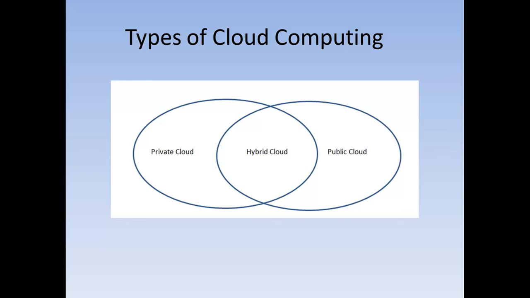What are the different types of cloud computing? The first is private cloud, the second is public cloud, and the third is hybrid cloud. What is a private cloud? Private cloud is something you would have seen in a few offices, called a data center, where you have your own resources which you access.